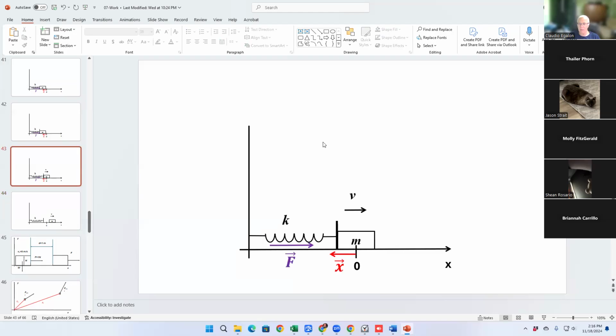I'm going to start right here. I gotta write down that the velocity is 0.